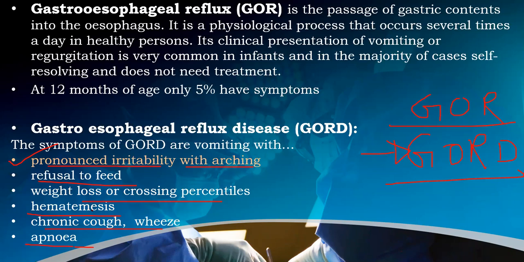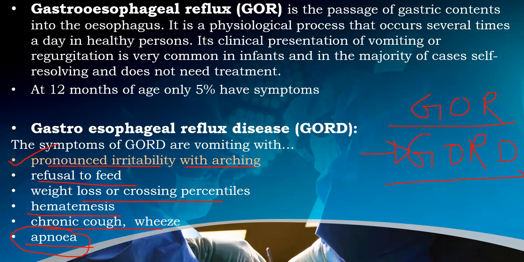Other than this, in the vomiting question we always ask, is there any blood stain? So that will cover it. We ask the cough question, so it will cover it. For apnea, you just need to add, have you ever seen your child stop breathing for a few seconds? That's apnea. And for refusing to feed, you are asking how the child is feeding and sleeping, right?